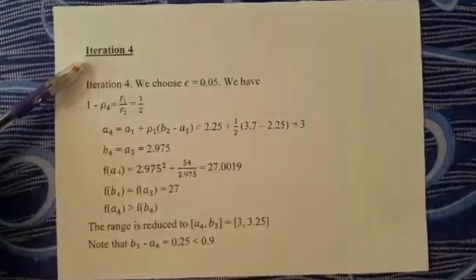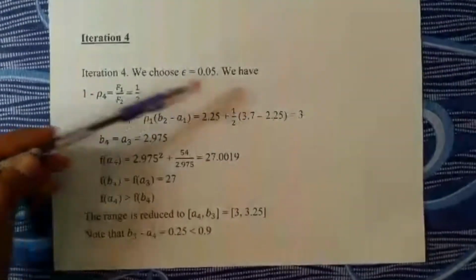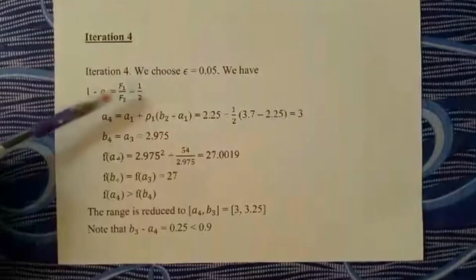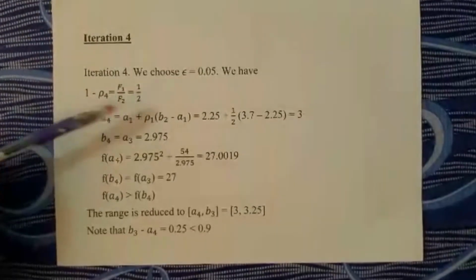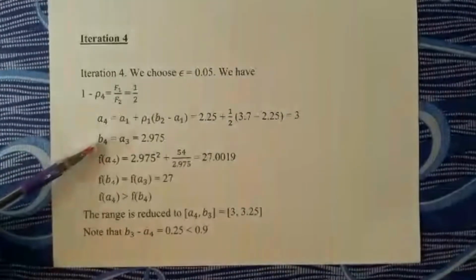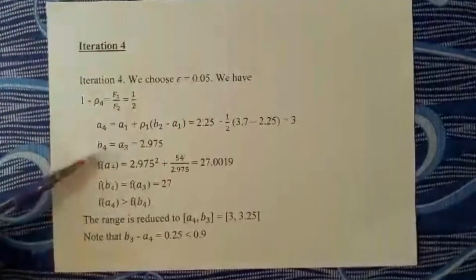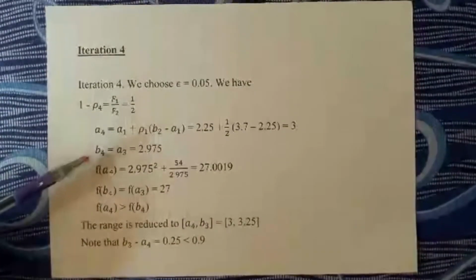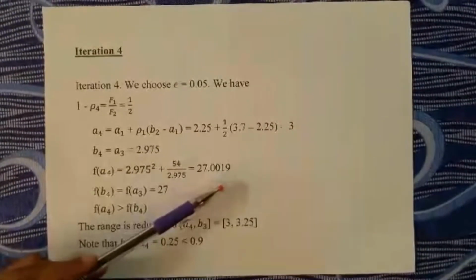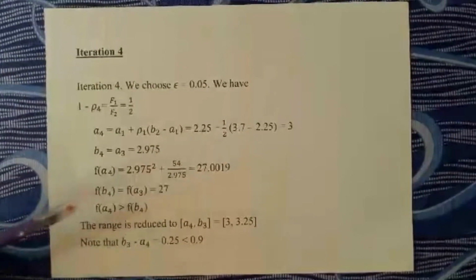In the last iteration, we choose epsilon equal to 0.05. So we have 1 minus rho 4 equal to F1 over F2 equal to 1 over 2. The value of A4 is equal to 3 and the value of B4 is equal to 2.975. Then we substitute the values of A4 and B4 into the function, f(A4) equals 27.0019 and f(B4) is equal to 27.